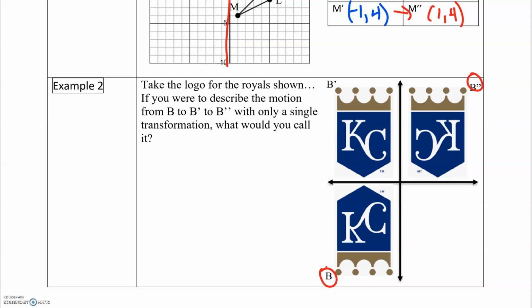No, it's not just sliding. Is it reflecting? If we reflected that, no. So it has to be that it's rotating. So it's a rotation, and it looks like it's a rotation clockwise of 180.